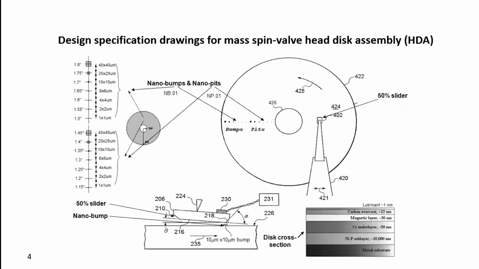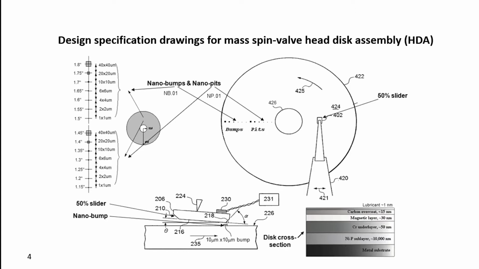So now what I did is I fabricated these little nano bumps and nano pits. On the left there, you'll see the pattern and the dimensions that go with all the little nano bumps and nano pits that I fabricated. And then they're basically on a radius of the disk platen, as you can see on the right there.